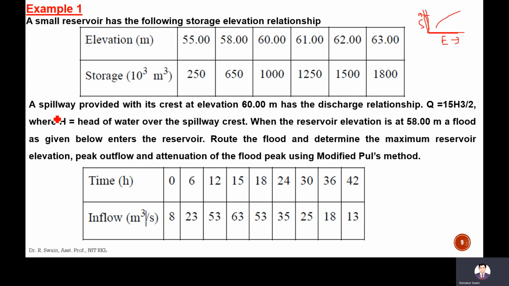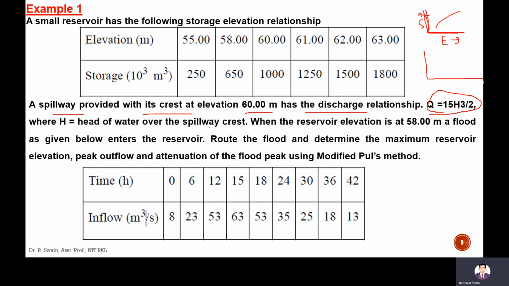A spillway is provided with a crest at elevation 60 and has the discharge relationship. Means the outflow relationship with the elevation is given for that spillway. As I told you, it is different for different spillways, but for a particular spillway it remains constant.